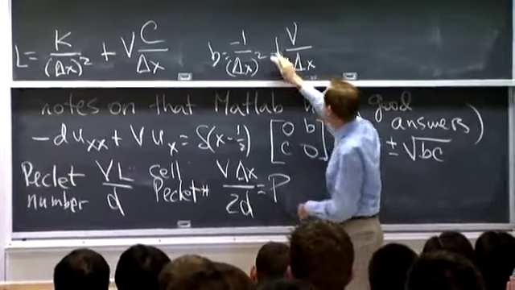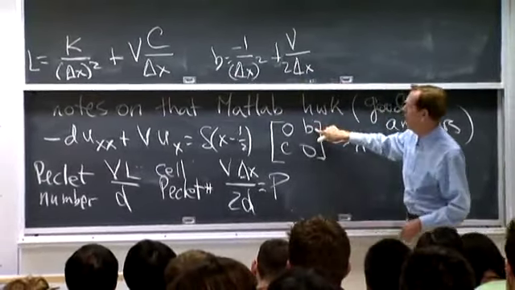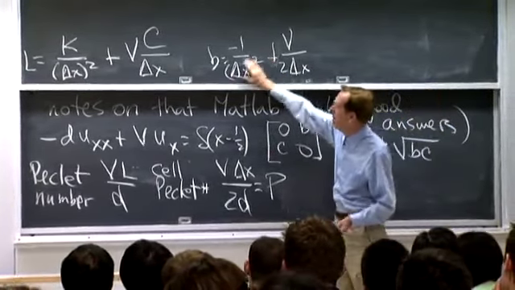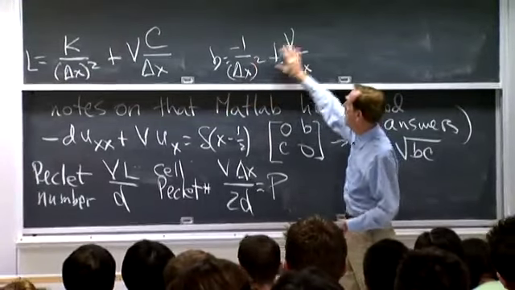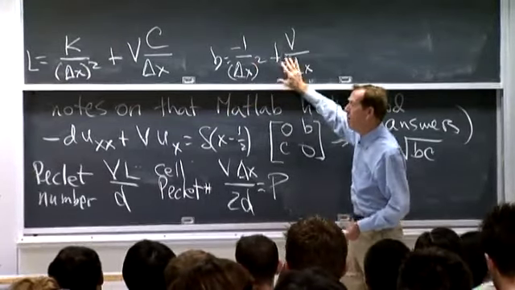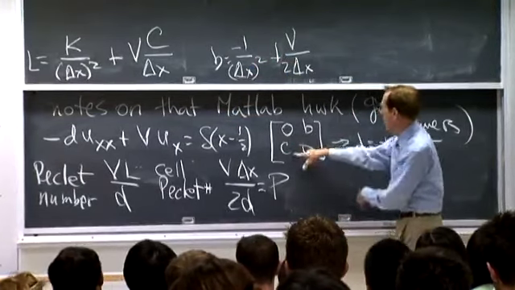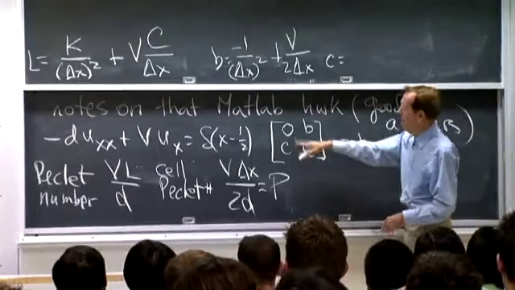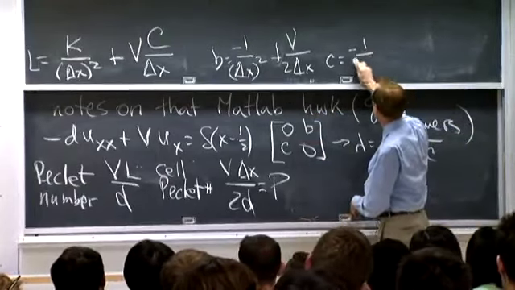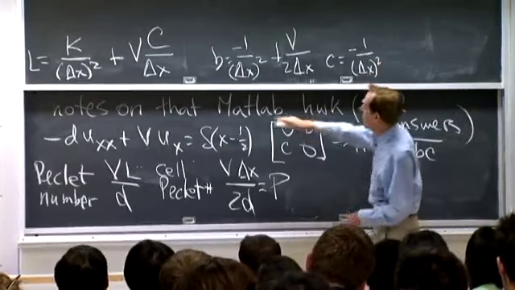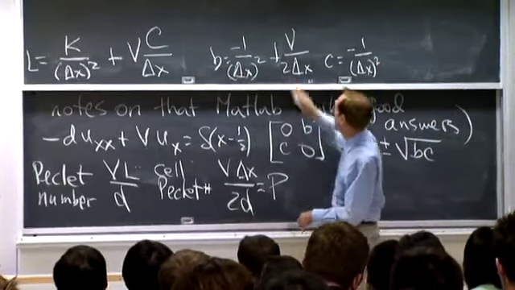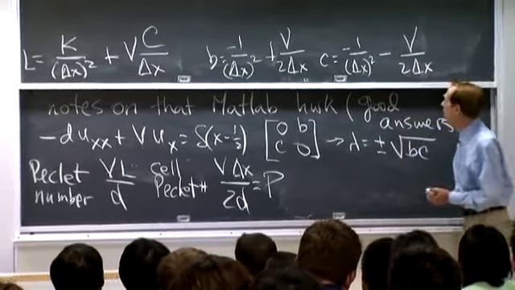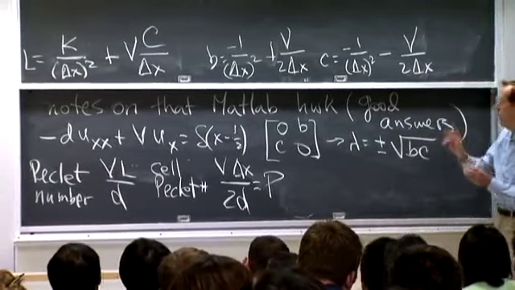Is that what a typical off-diagonal entry in the matrix that you displayed would be? That's what's coming from the off-diagonal of K, and this is what's coming from the center difference C. And then what would this c be? Well, c is below the diagonal, so it's also that -1 over delta x squared. But now this is a difference, so it's going to be a minus. I think those would have been your entries for b and c.